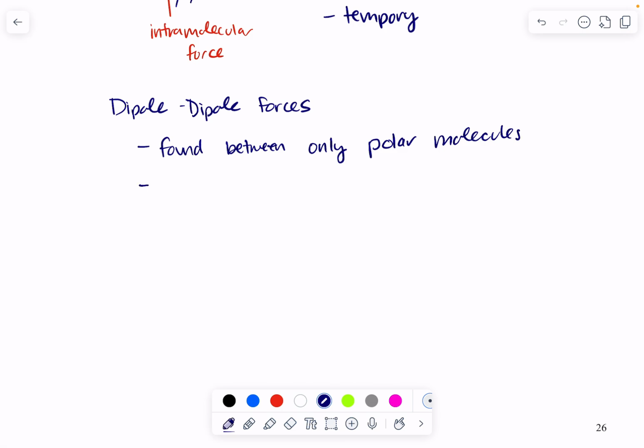Polar molecules have electron density spread unevenly throughout the molecule. That means one side of the molecule could have what we call a delta positive side, and it would simply be attracted, let me reword this, delta positive in one molecule attracted to delta negative in another molecule.